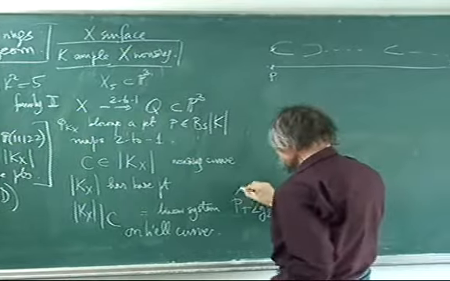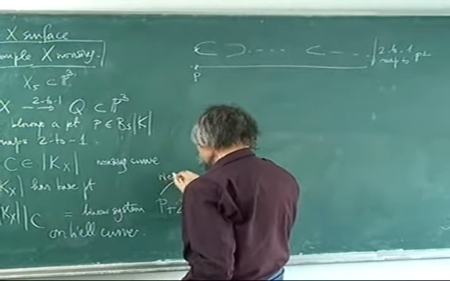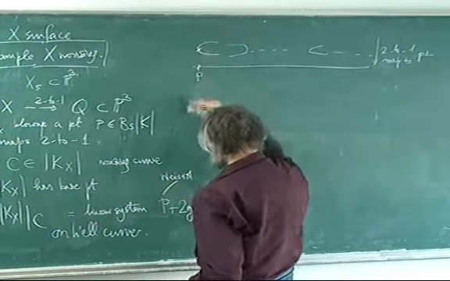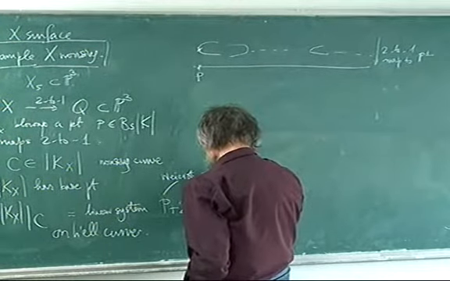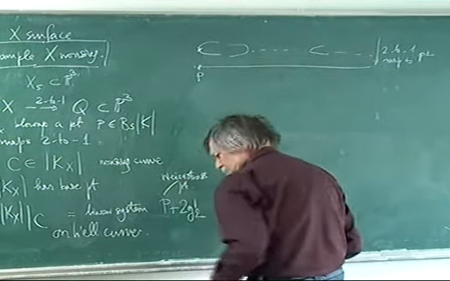This must necessarily be a Weierstrass point, necessarily one of the branch points of the cover.